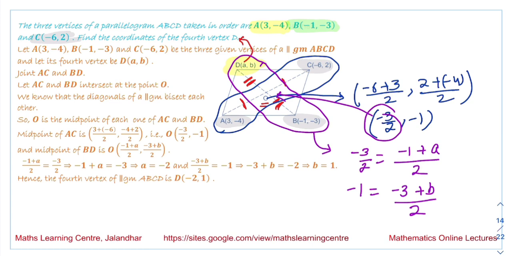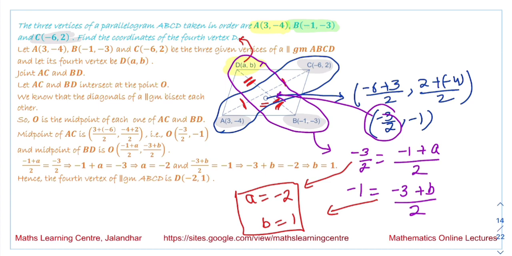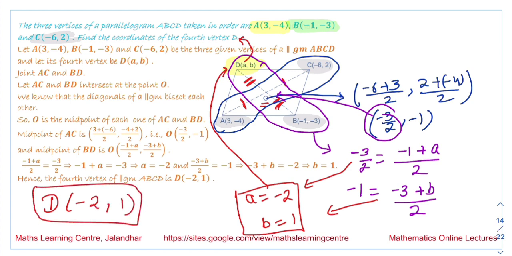On solving the first equation, we will get the value of A is minus 2. On solving the second equation, we will get the value of B is 1. So we get that the coordinates of this point D are minus 2 comma 1, and this is what we have to calculate.